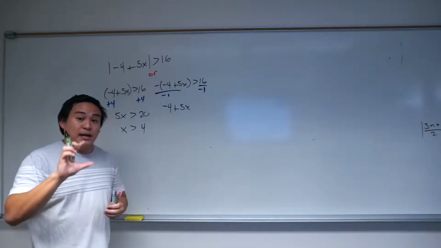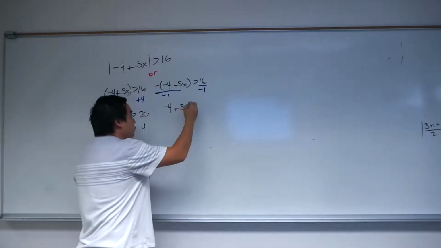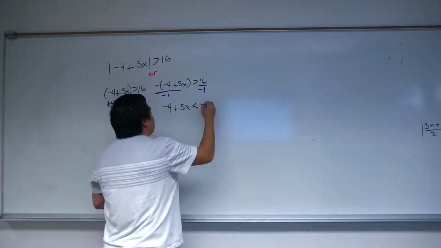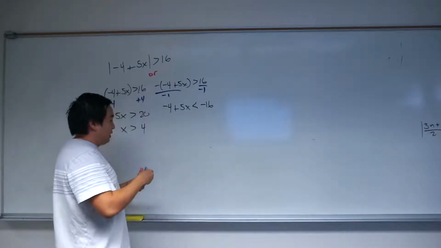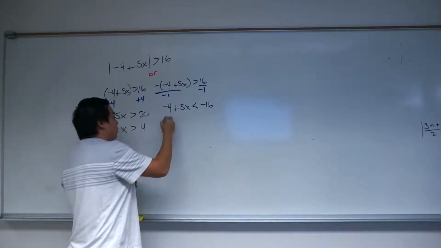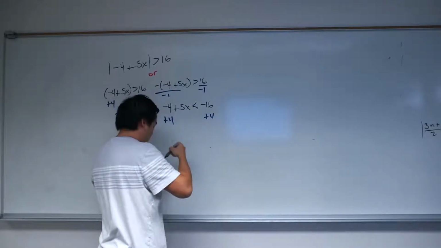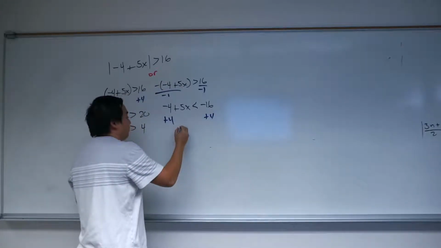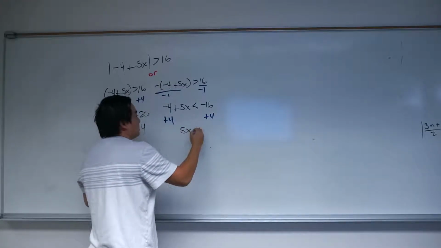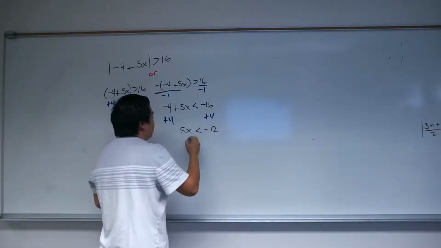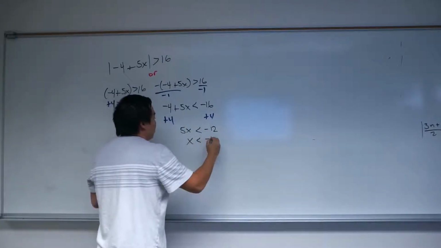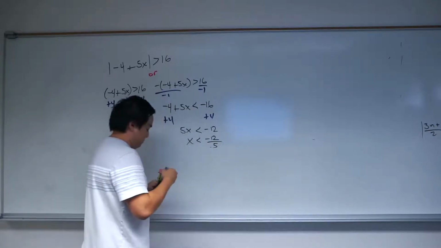Because we divided by a minus sign, the inequality flips. And now we solve it like we did earlier, plus 4. And so we get 5x is less than -12, or x is less than -12/5.